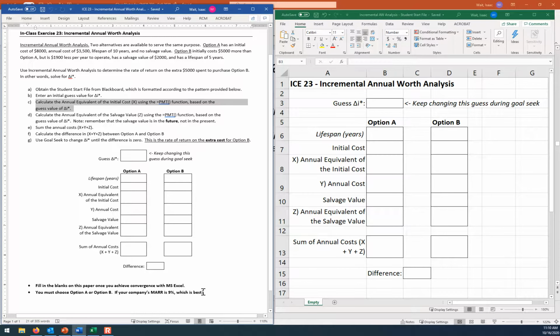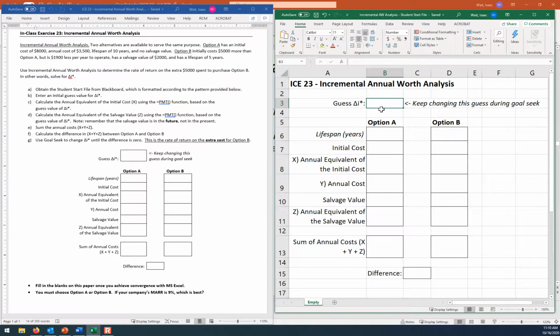Please note at the bottom here that I suggest you fill in the blanks on the paper. That's so that if you come back to it later, you can refresh your memory on what the values were, because if you keep changing the interest rate, the spreadsheet values are going to be constantly changing.